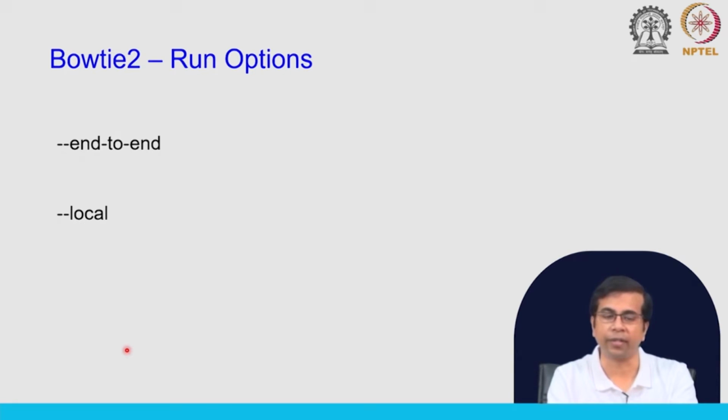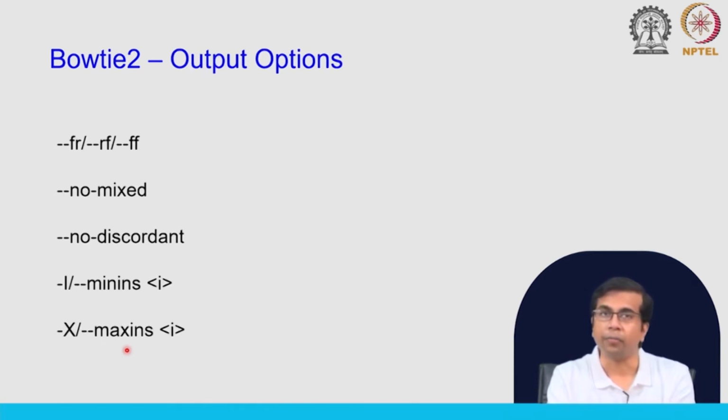There is a speed versus accuracy trade off. You can say you want a very sensitive or very accurate result, or if you want very fast, you can specify very fast. Coming to the output options, you have minus FR, minus RF, minus FF. We have discussed this in the last class.